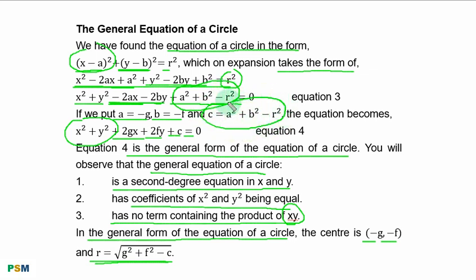We are interested in r. First, you transfer r^2 minus r^2 to the left. It becomes positive. You transfer c to the right. It becomes negative. To get r, you take the square root of both sides. Hence, this result.